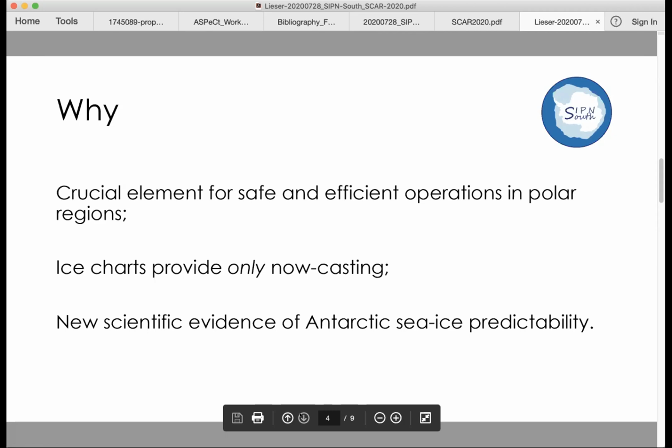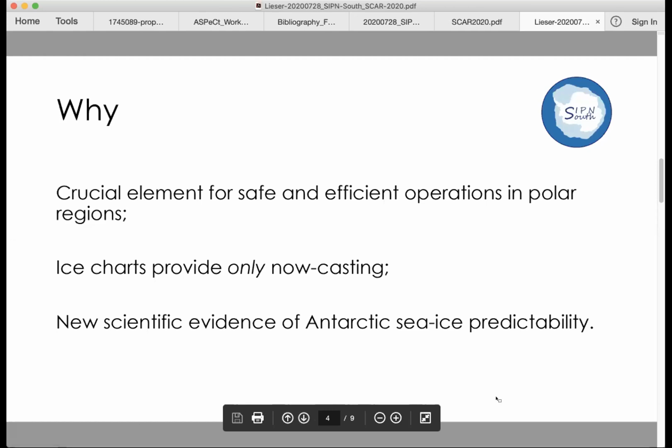There is, however, some new scientific evidence, and I'm not delving into a great deal of detail, but just to name a few, Marika Holland has a great Nature Communications paper in 2017, where she basically links the sea ice extent and the sea ice behavior in the Ross Sea with zonal winds in early October.